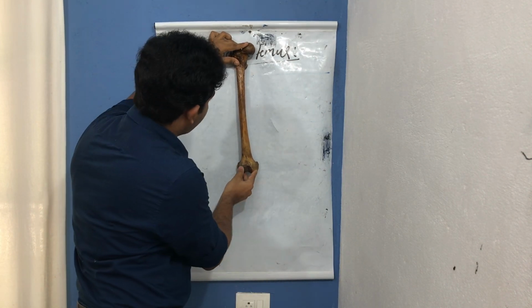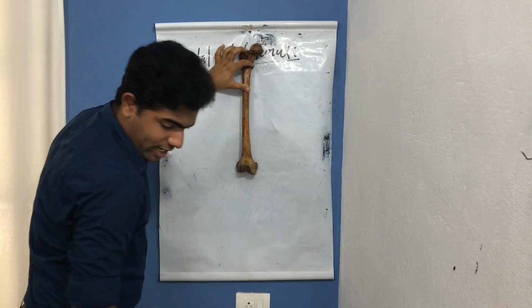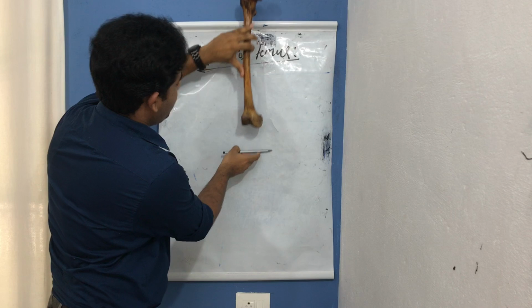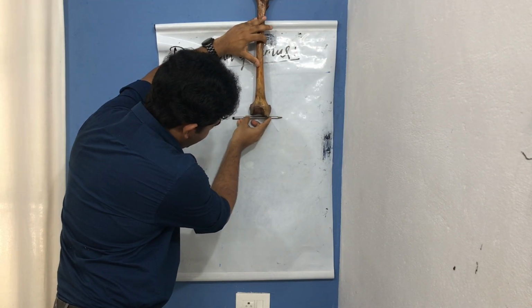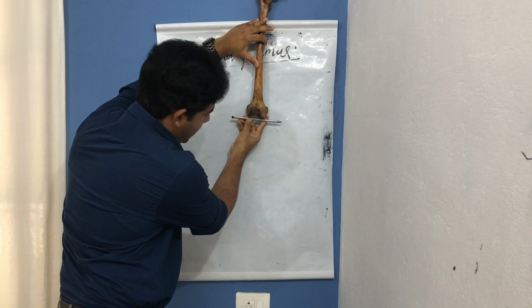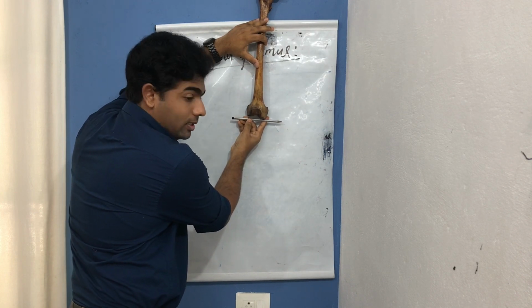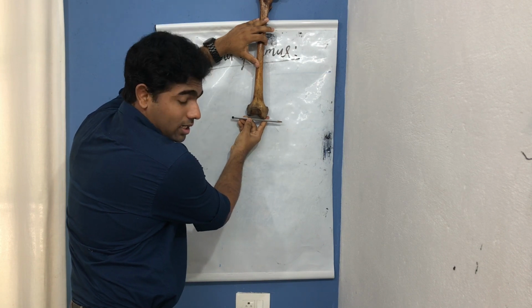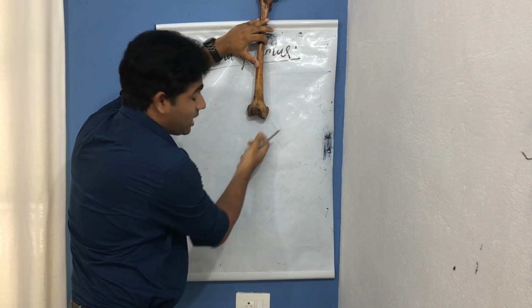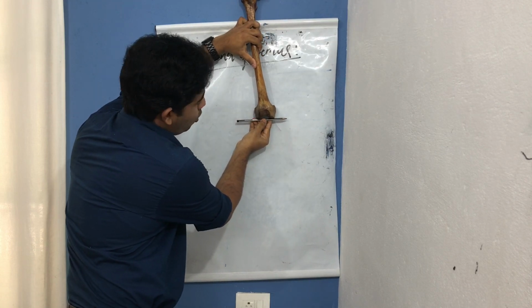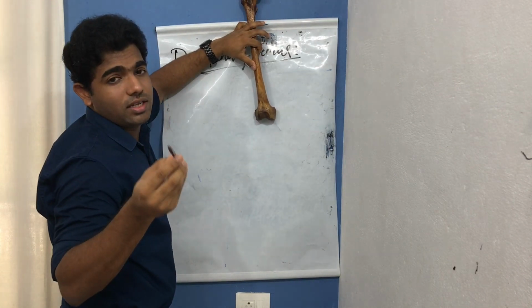But if it is a straight one, we can clearly differentiate between the medial and lateral condyles. See here, now this pencil or scale is not touching the lateral condyle. Why? That is because the medial condyle is larger than the lateral condyle. But it is not much evident when the femur is oriented. And that is what happens in our knee complex.